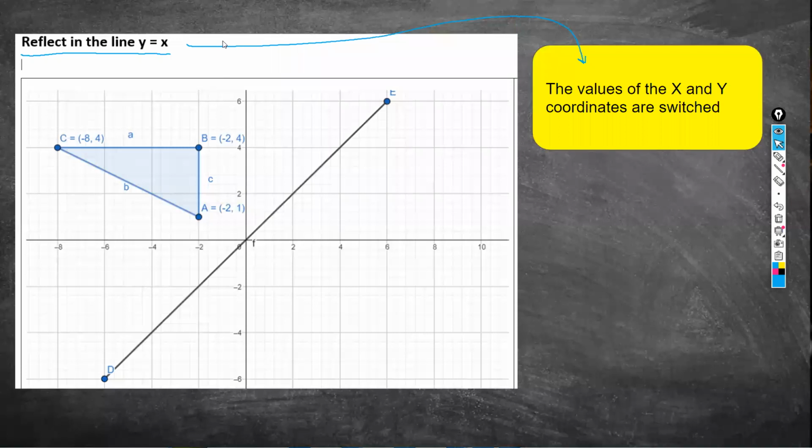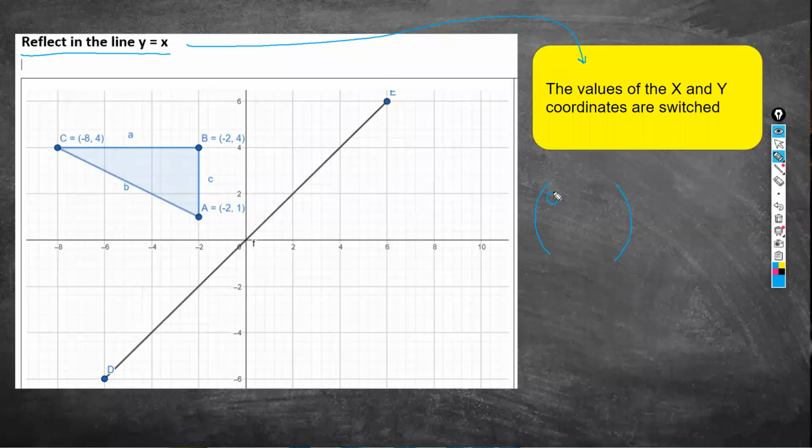So let's say we're in the exam and they ask us to reflect this in the line y is equal to x. Now, there are 2 ways we can do this question. The first way, the harder way, would be to use this formula. I want you to go back in the notes and look for this formula, the matrix that represents a reflection in the line y is equal to x.